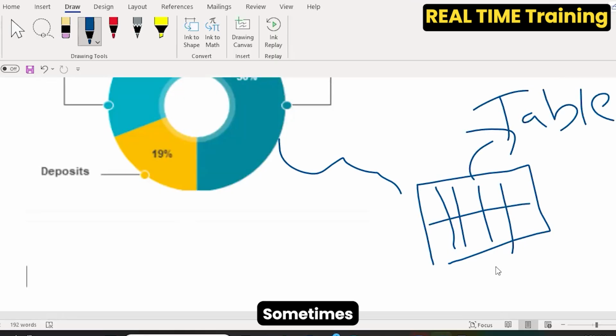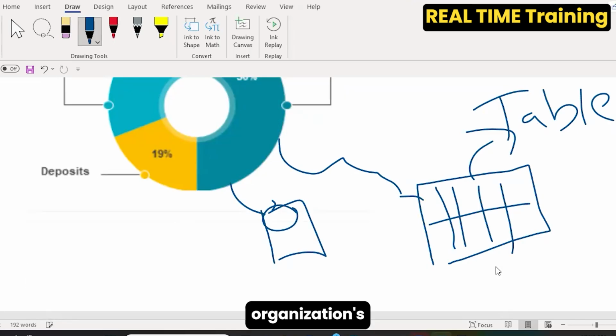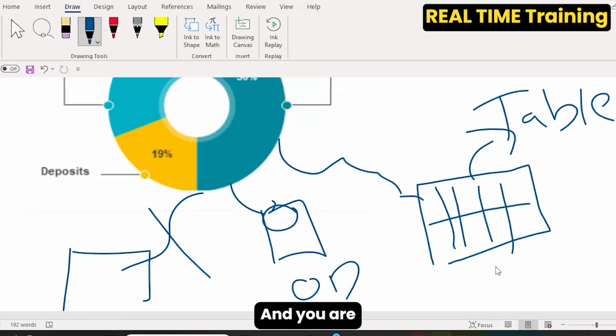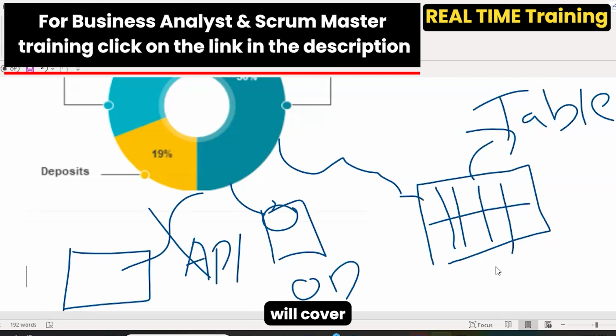Now, sometimes this table will be in the organization's database only. I'm just going to put OD for that. Sometimes it will be in some other, external database, and you are using an API to bring it in. API is a new concept which we'll cover extensively during systems. But say, for example, the data is coming from another application.